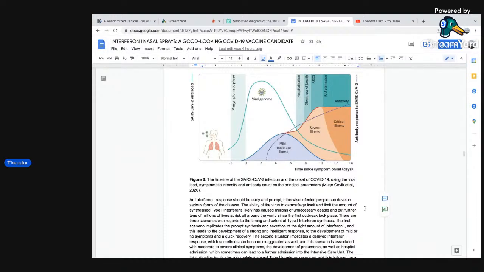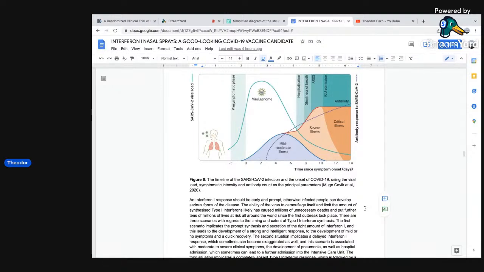So using this kind of evidence, we have to say that the window of opportunity here is not that big, it's not that small either. We say it's from the first hour or the first day of outbreak until the second or the third day when the patient develops symptoms.